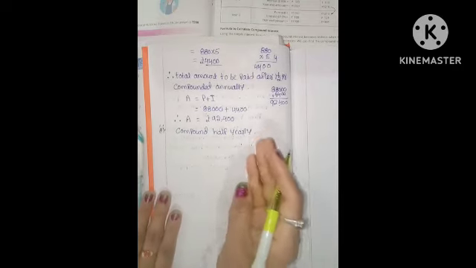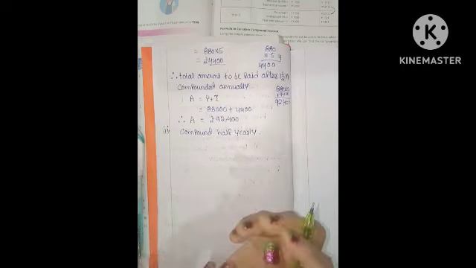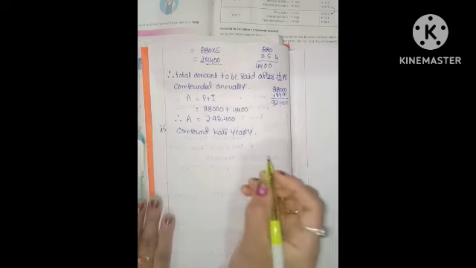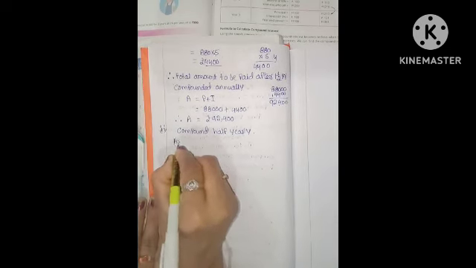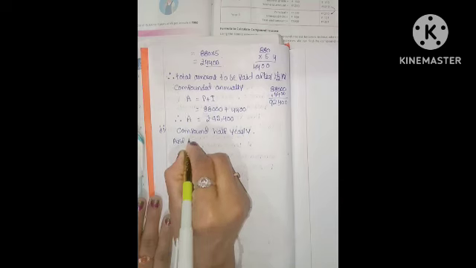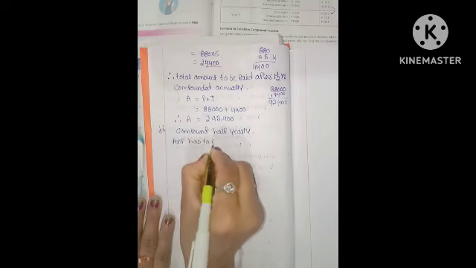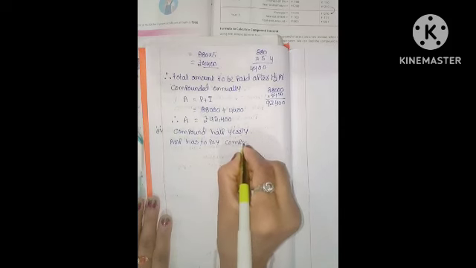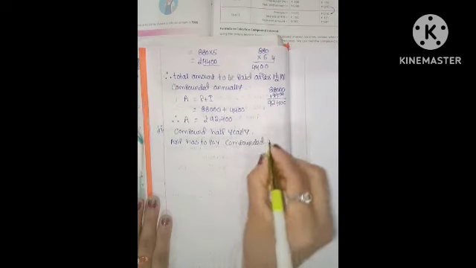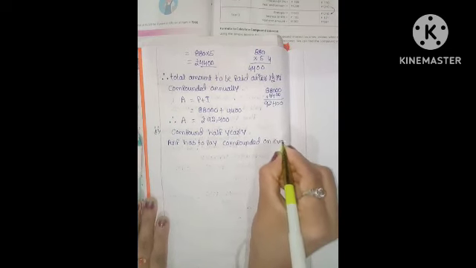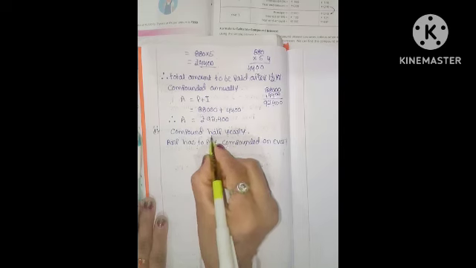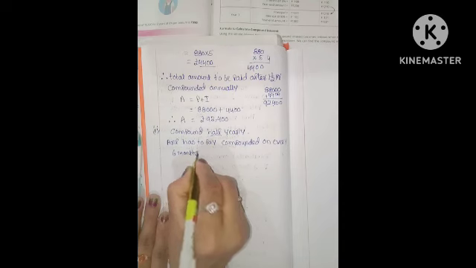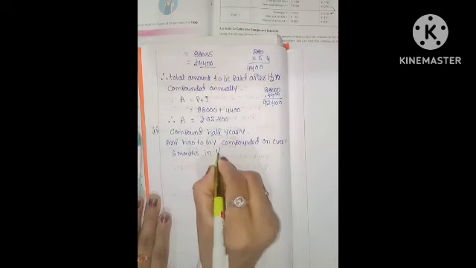This is also what Hari has to pay, compounded on every half year, that is, every 6 months, in 1.5 years.